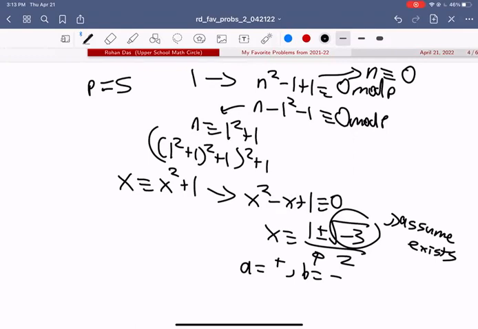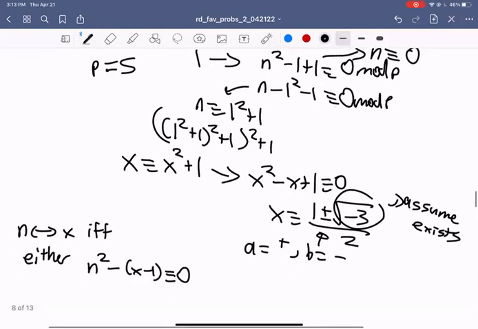We have that n is connected to x if and only if either n squared minus x plus 1 is congruent to 0 mod p, or n minus x squared plus 1 is congruent to 0. But we have that x is congruent to x squared plus 1.